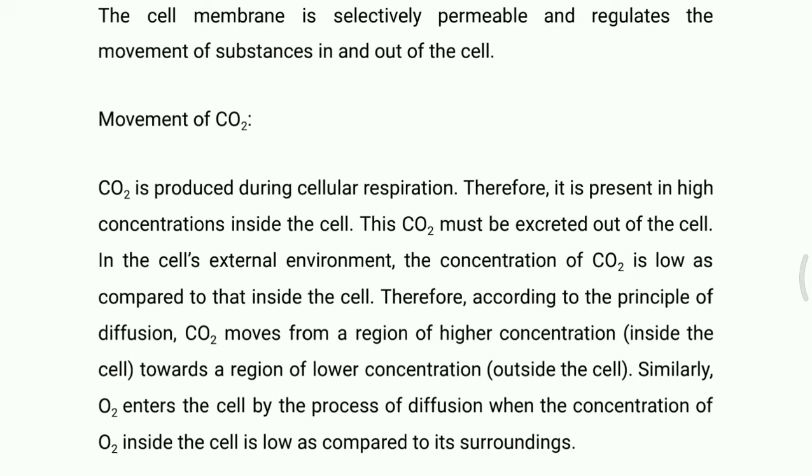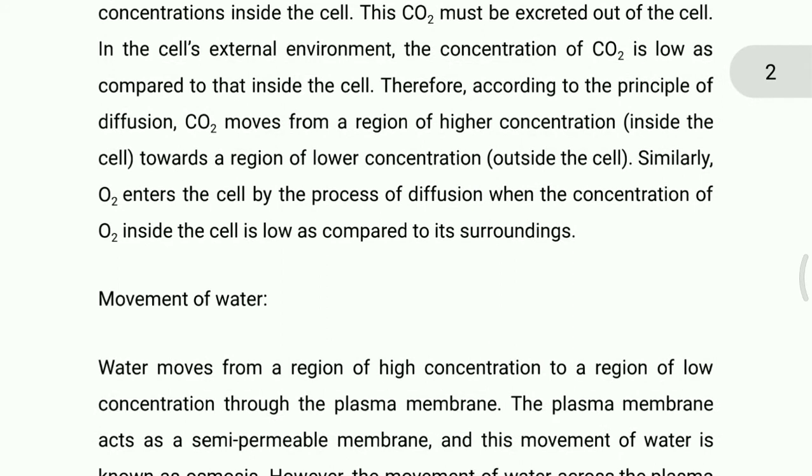Similarly, CO2 enters the cell by the process of diffusion when the concentration of CO2 inside the cell is low as compared to its surroundings.